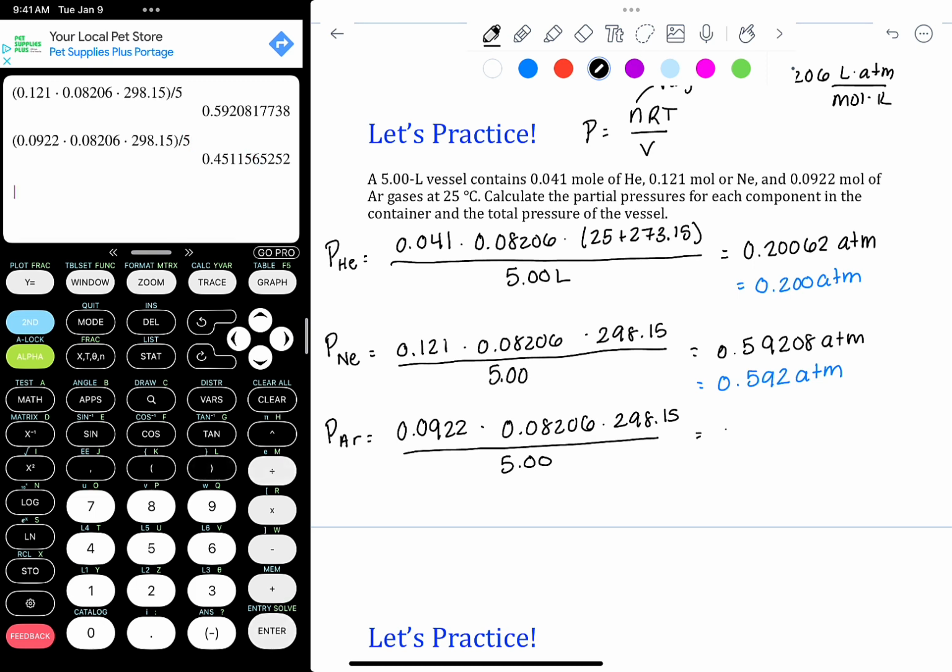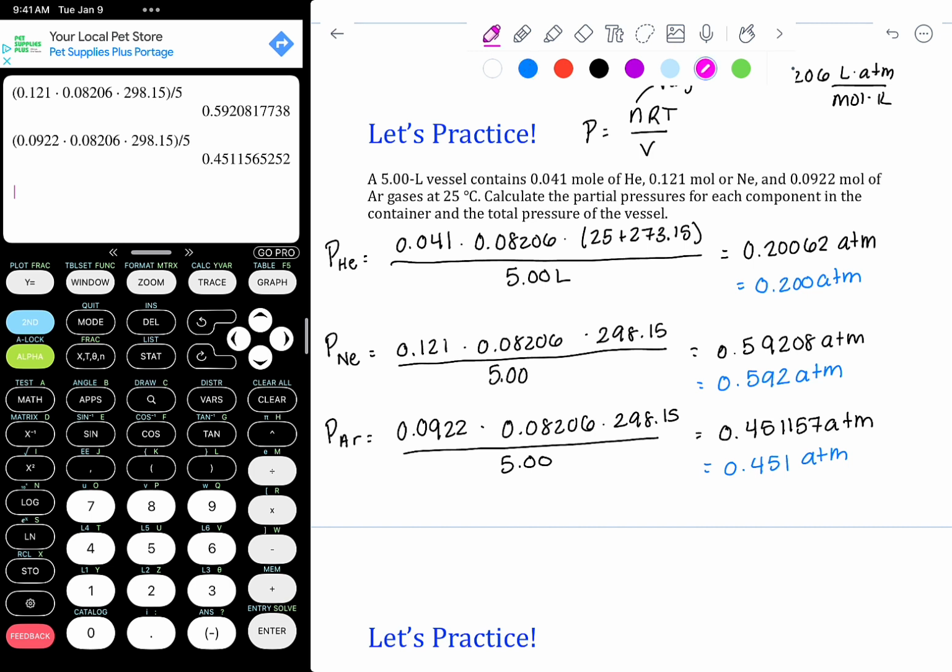So that's 0.451157 atm. With sig figs, 0.451 atm. Okay, so those are the individual partial pressures for this problem.